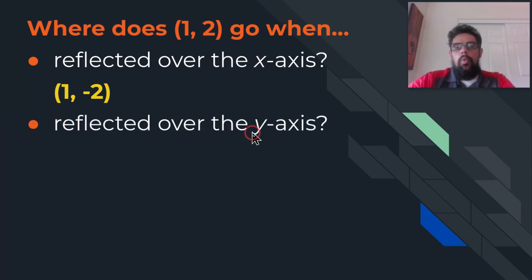With the y-axis, you are reflecting across this way. So now notice what's going to be different. The x number is going to change, and the y number will stay the same because it's over the y-axis. So this is going to change to negative 1 comma 2. You see that difference there? The axis of reflection changes which points change.